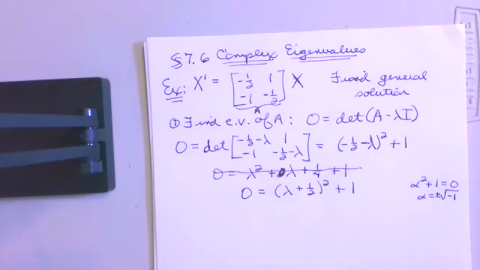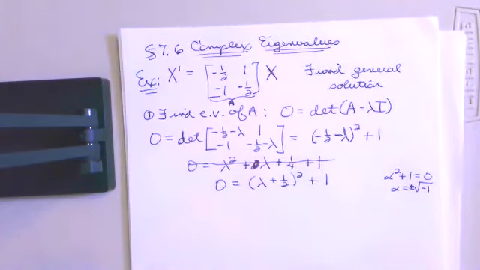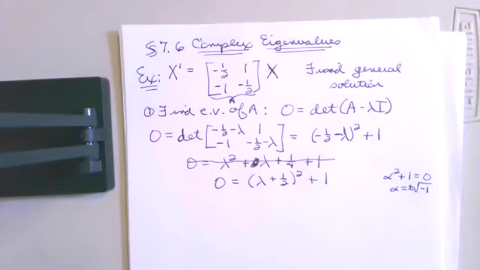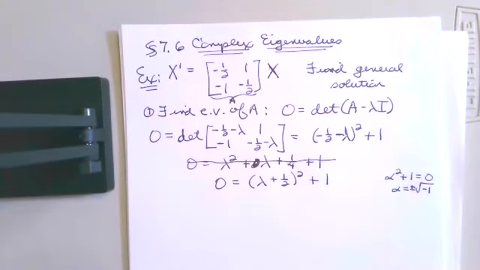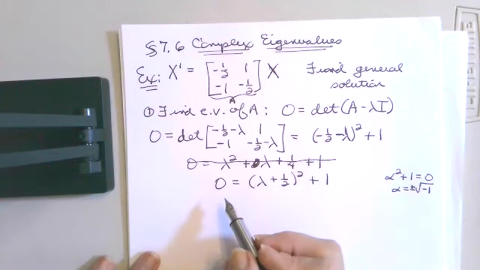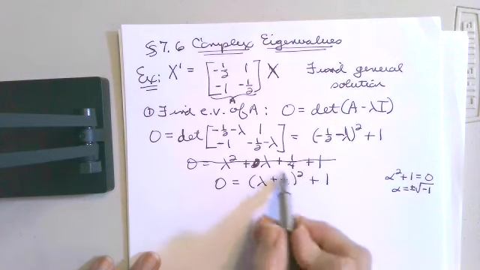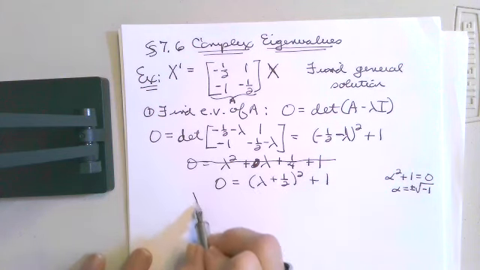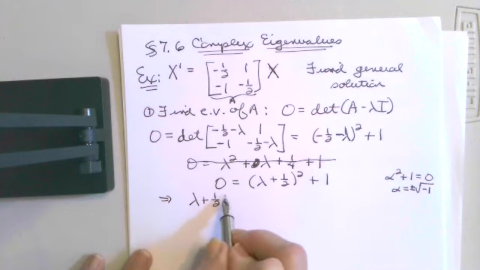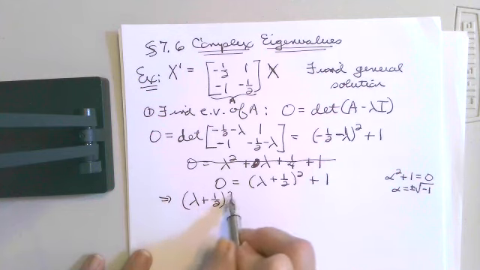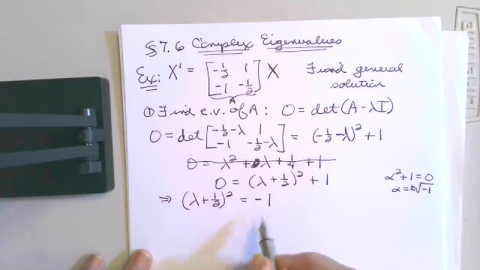So here's my alpha. This says lambda plus 1/2 squared is equal to minus 1.